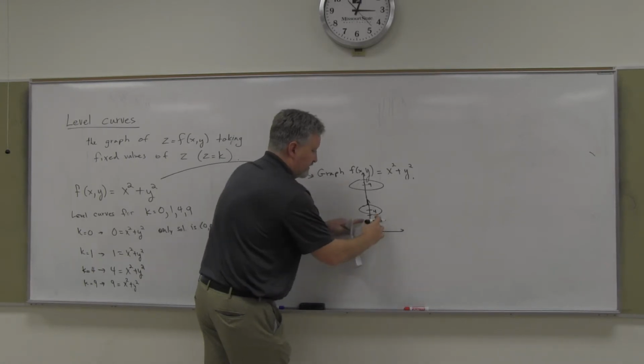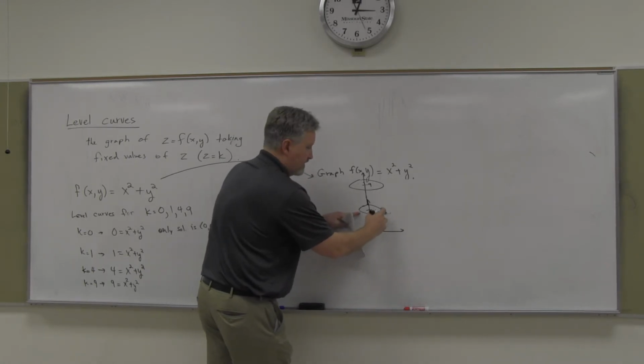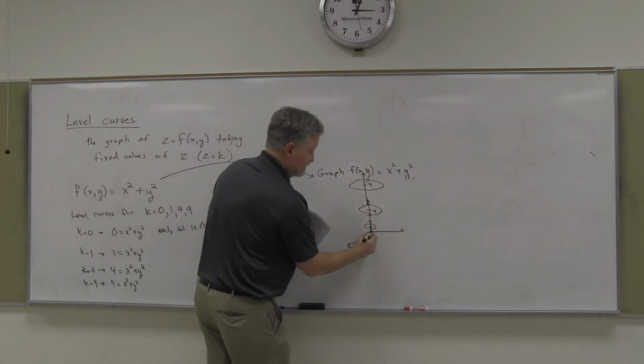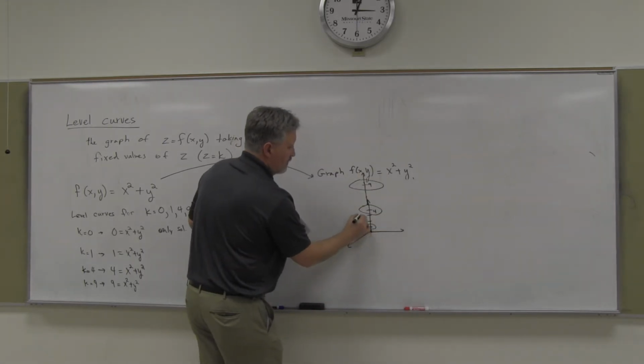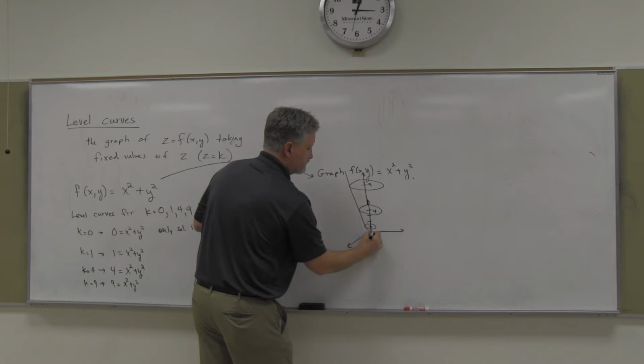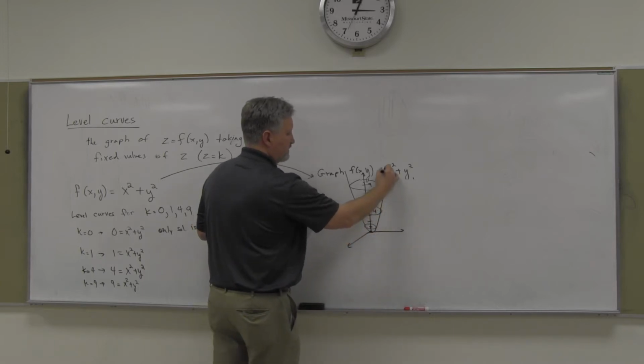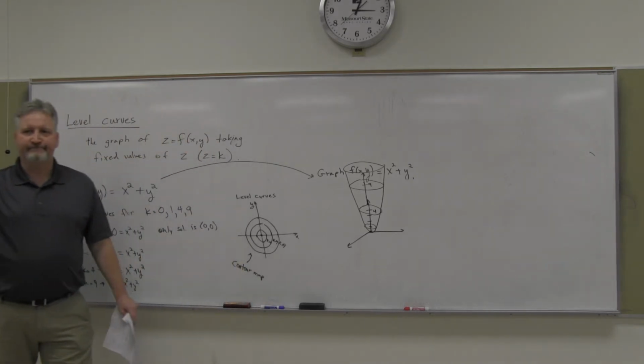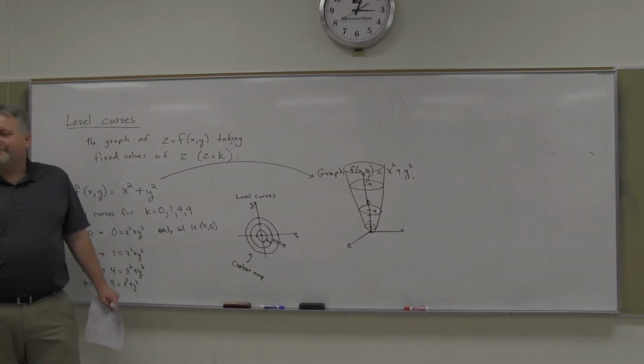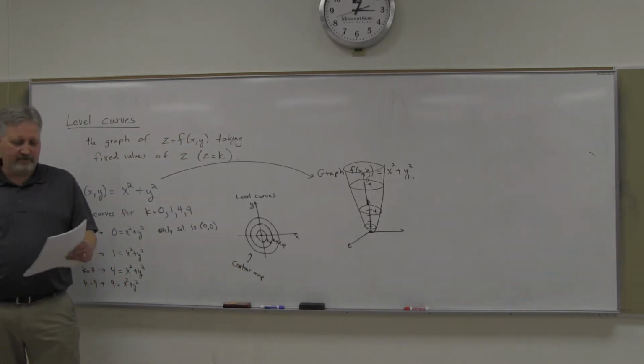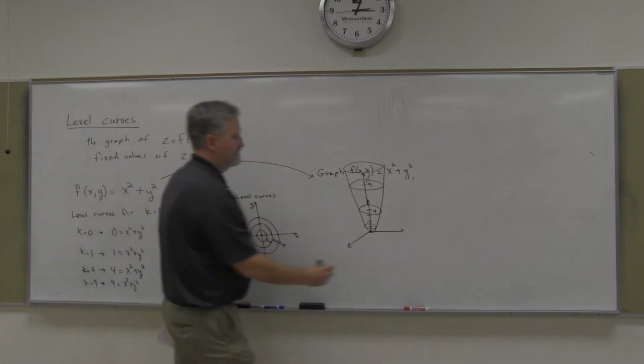This one would be a little bit bigger than that, a little bit smaller than that. So this is just progressing out, isn't it? And so you get an idea here. It's going to be a kind of cone shape. It's a paraboloid, actually, is the term for it.